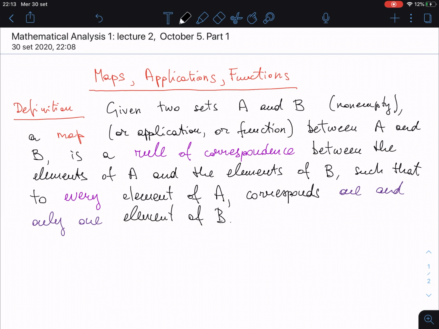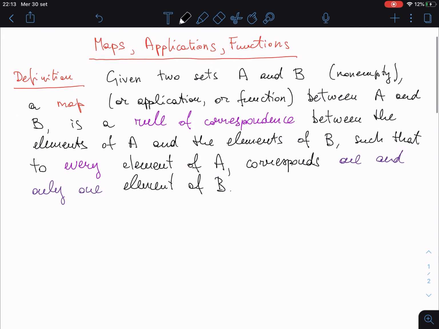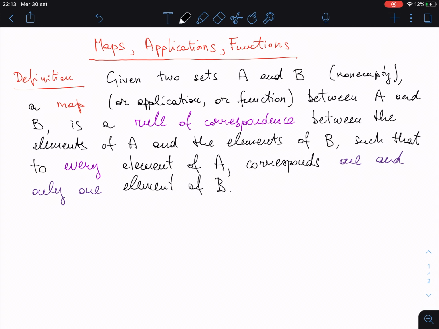This definition can now seem not so clear, so I give you some examples. But before the examples, let me give you a pictorial representation of this definition.